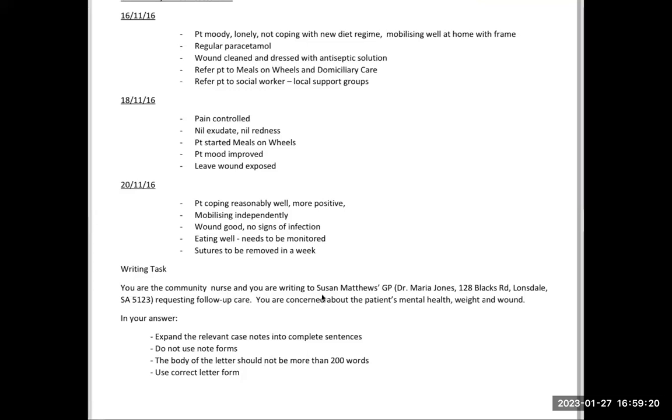So you are the community nurse, writing to Suzanne Matthews. I told you that this is the most common letter coming in the exams: writing a letter to the GP. This apostrophe S plays a massive role.